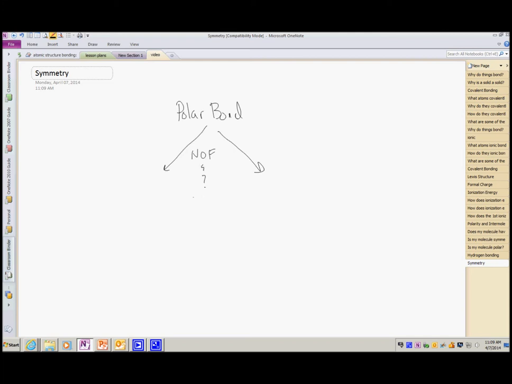This is going to cause an electronegativity difference. If we don't have this, then it's very difficult for electrons to get dragged from one side of the atom to the other. There is one more option, but we have yet to discuss that at this point. So either way, if the answer is no, then we are nonpolar. If the answer is yes, then we have to take one more step, which involves symmetry.